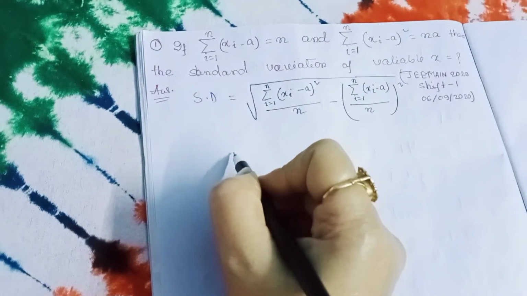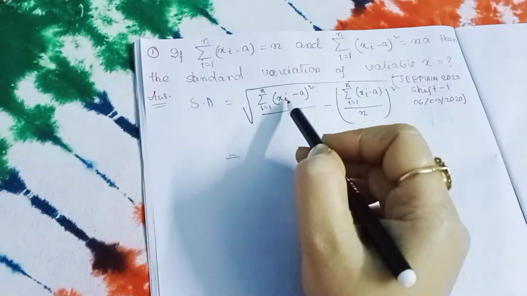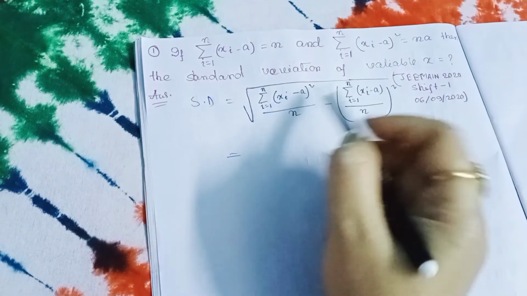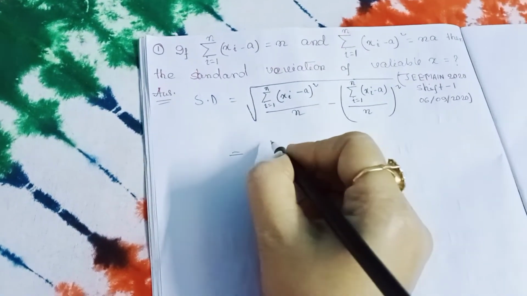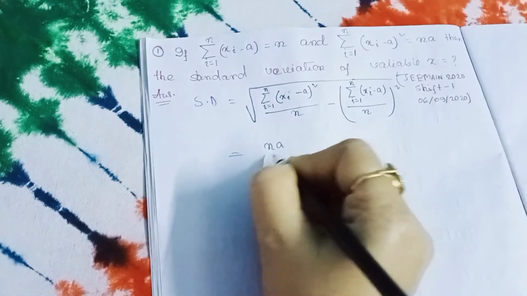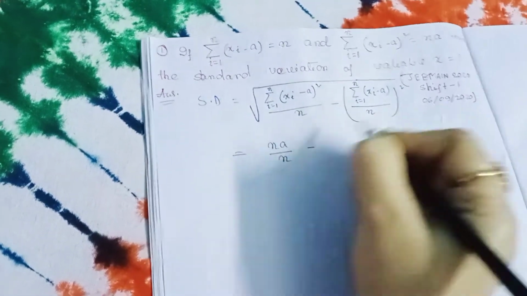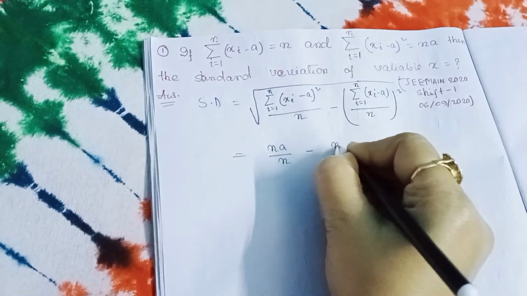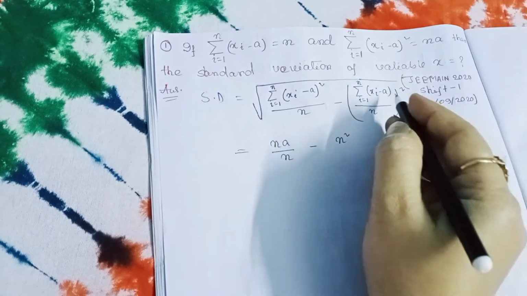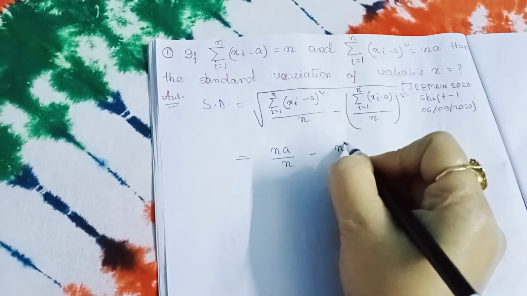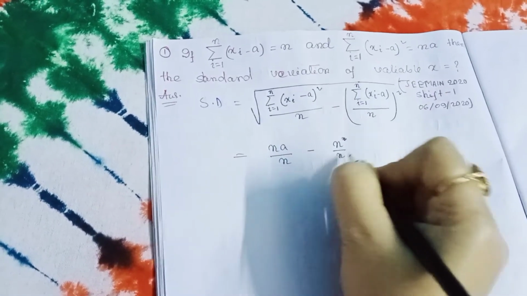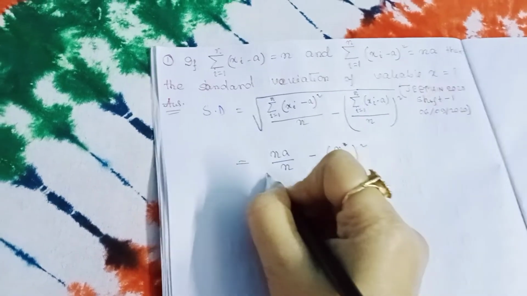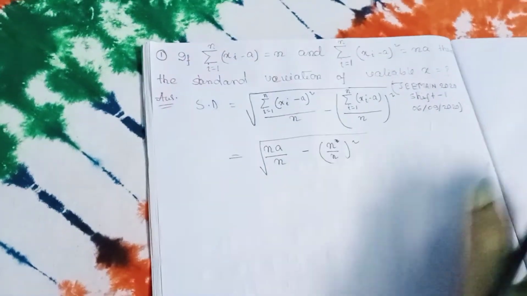So now we know this is equal to na, so this becomes na divided by n, minus this one is n by n whole square, and it is under root.